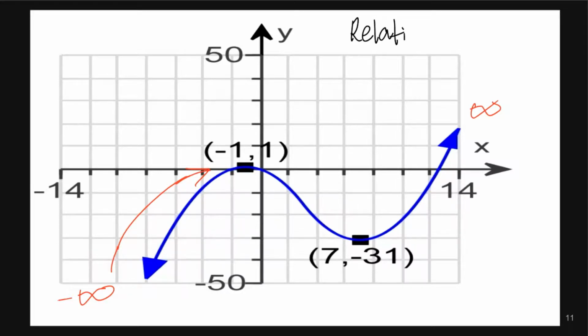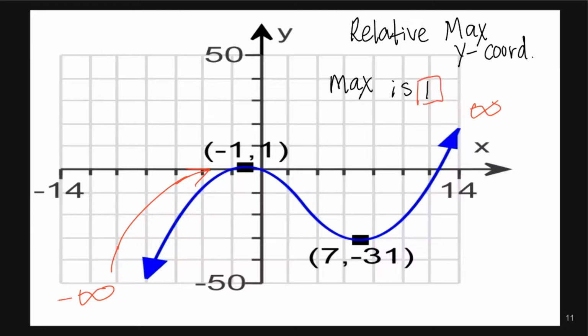The relative max is the highest point on the graph. That's your Uncle Max. And it's always what y is, your y coordinate. And so your relative max is going to be 1. It looks like 1. So the relative max is 1, at x is negative 1.